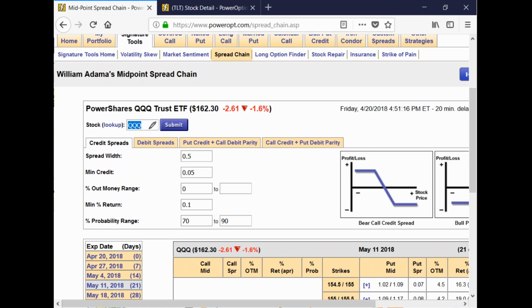What do I mean by that? Let's take Apple again. In this scenario, we'll go to May 4th, and I'll say I want a 250 spread. Credit doesn't matter, but let's go ahead and put in 25 cents. Out of the money range, not that, minimum return, 2%, whatever, but I want a probability of greater than 75.